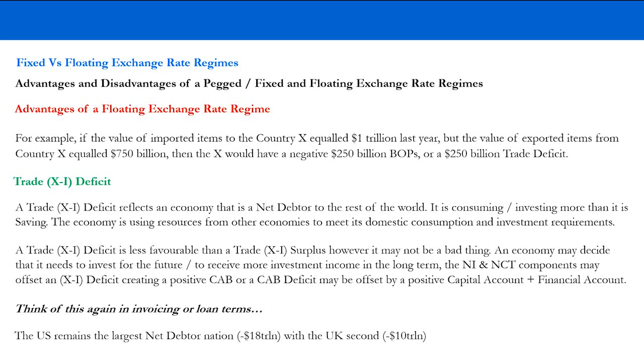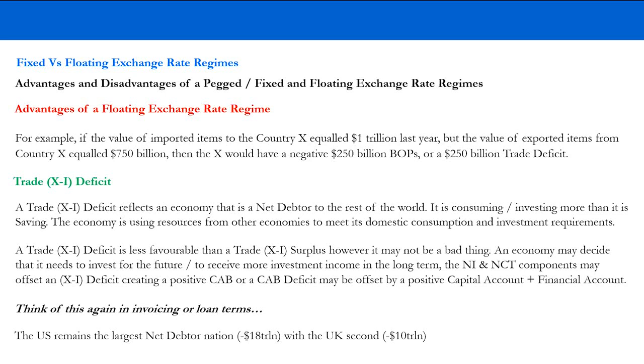An economy, for example, might decide that it needs to invest for the future or to receive more investment income in the long term. So the NI and NCT components may actually offset the exports and imports deficit, creating a positive current account balance, or a current account balance deficit might be offset by a positive capital account and financial account.